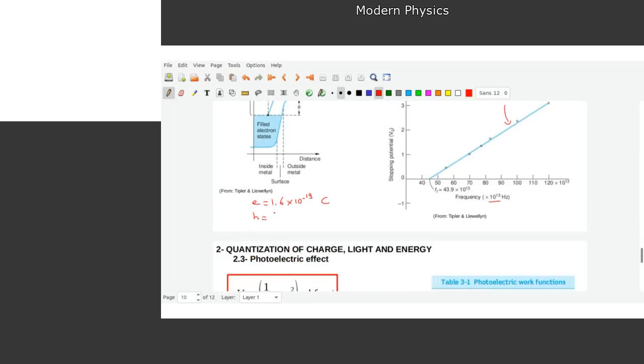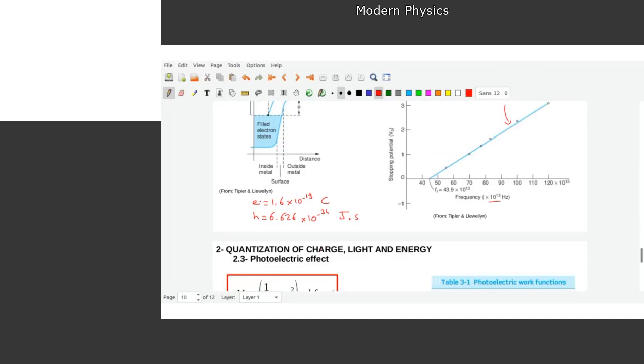This is 6.6 times 10 to the minus 34 joule second.